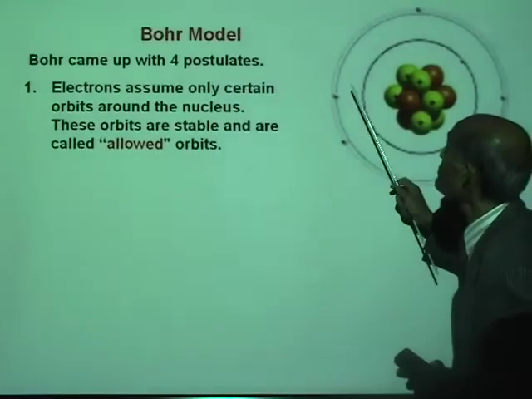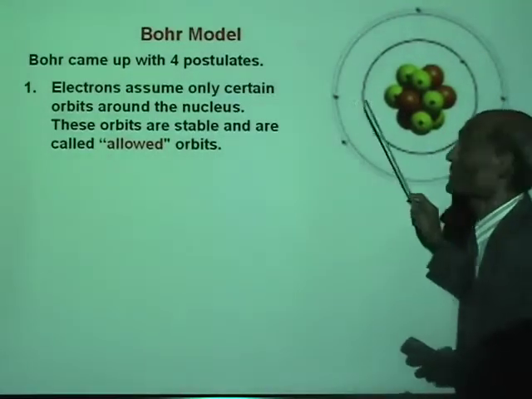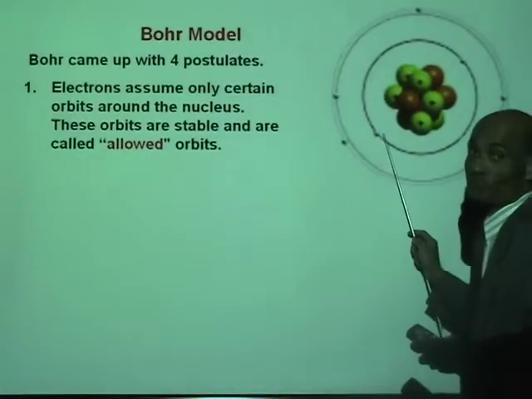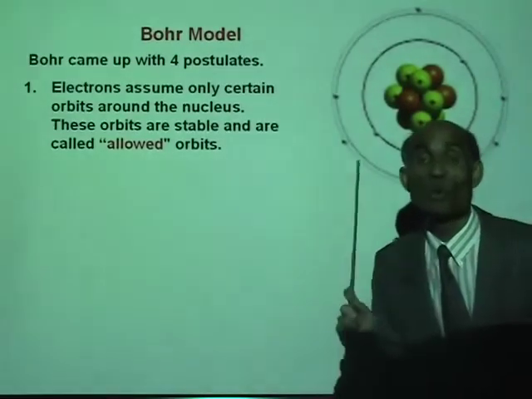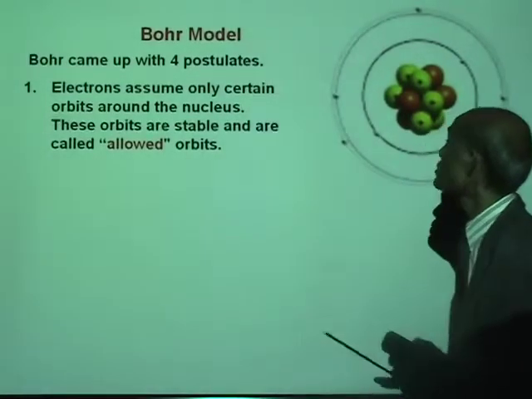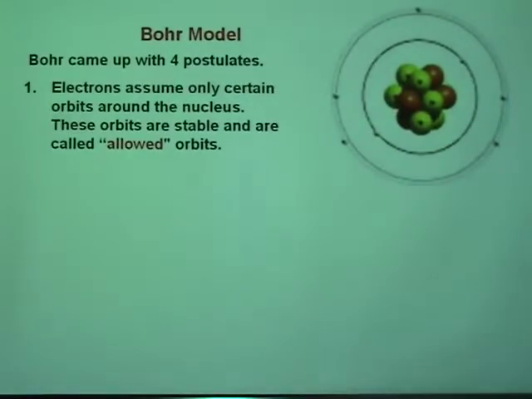There are only certain orbits allowed. Now this is the first allowed orbit, and that corresponds to a particular energy value. If you want to call that energy E1, let's call that E1. Alright? If there's an electron there, its energy will be E1.